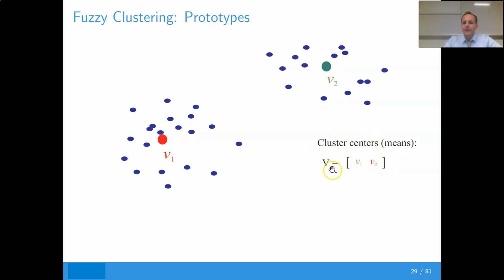So you have a vector of your cluster centers, they are called means, and this vector contains the centers of your clusters. They are also called prototypes.